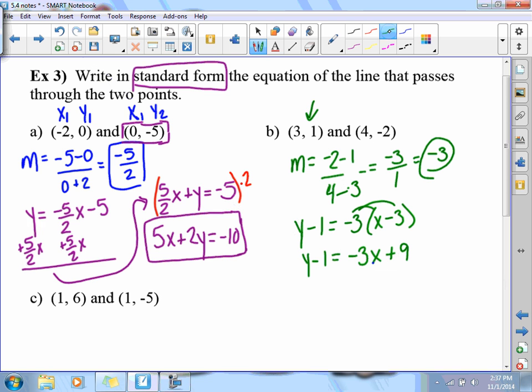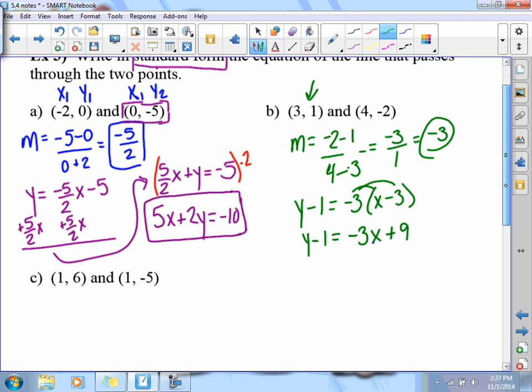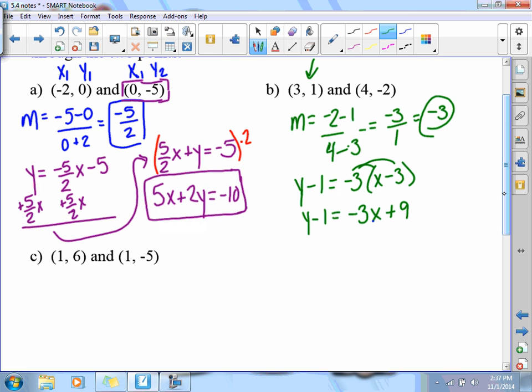Now, let's continue this problem. I have to get all my x's and y's on the left side. So I'm going to have to add the 3x to the left side to do the opposite operation to get him over to the opposite side. And then I have to get all my numbers over to the right side. So I'm going to have to add the 1 over.